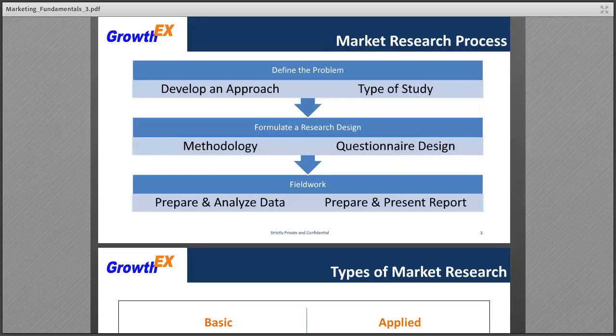What started off with defining the problem, developing the approach, selecting the study type, and then moving to methodology, to the questionnaire design, to going to the field to get the answers, to analyzing the data, ends up with preparing and presenting the report. So I can say that defining the problem is the initiating point, working on the data is the middle point, and presenting the report is the final outcome of the market research process.